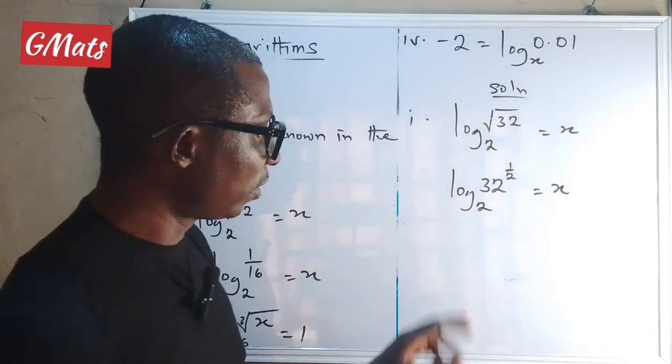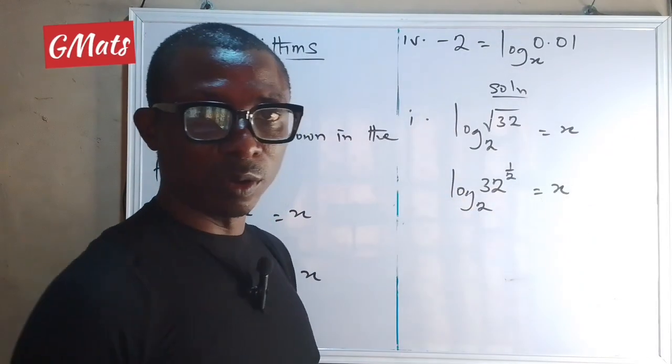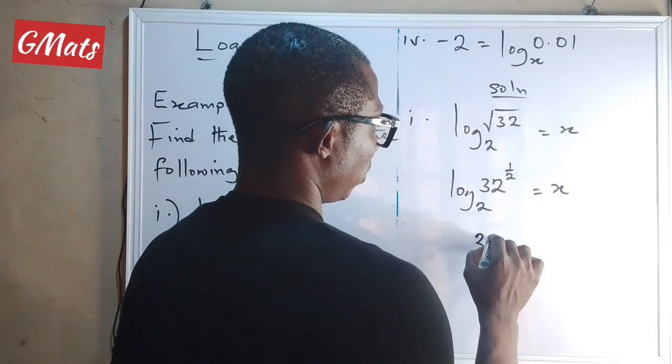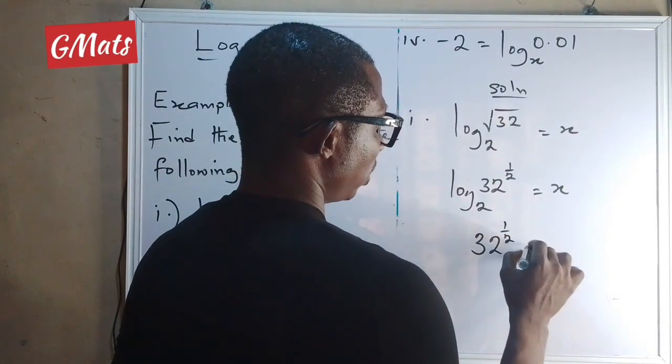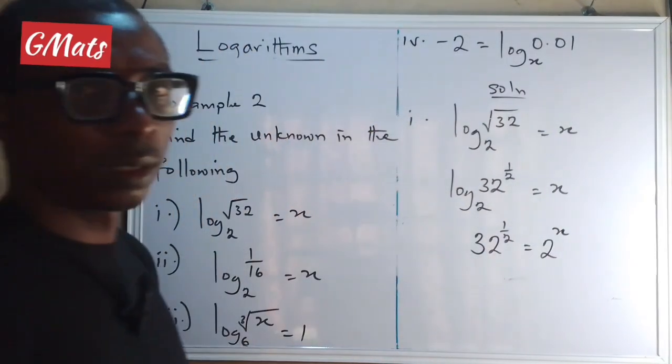Now the next thing is to move this base to this side so that the log moves away. So we have 32 raised to the power of 1 over 2 equals 2 raised to the power of x.